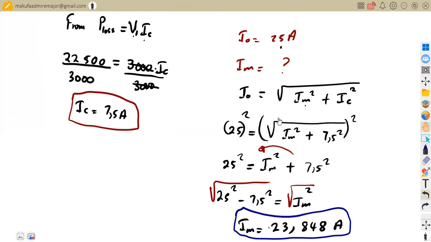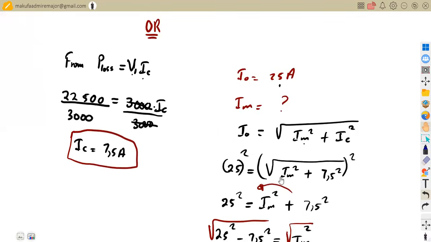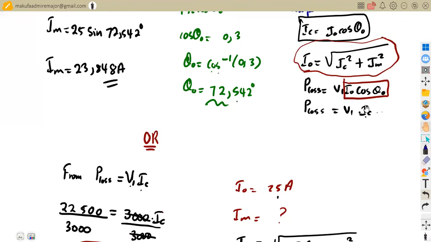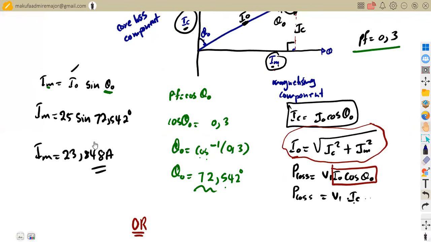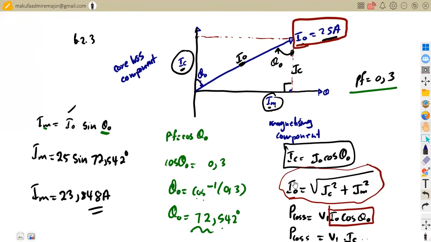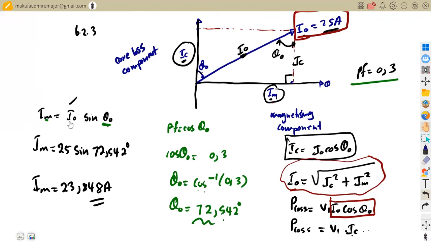So that is another way that we could have calculated, since we have the core loss, the loss of power in this case, and that power consists of the core loss current. So we can use that, or we can use this option: we can calculate IM as I naught sine theta.